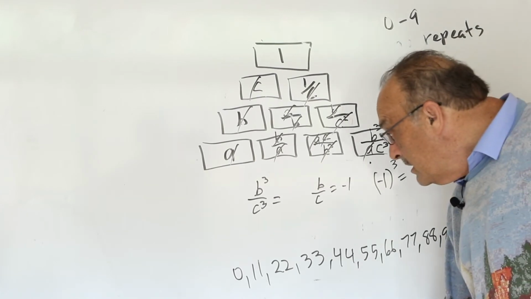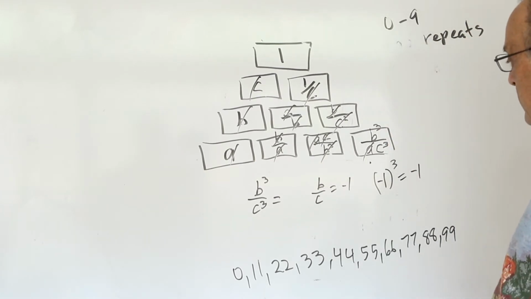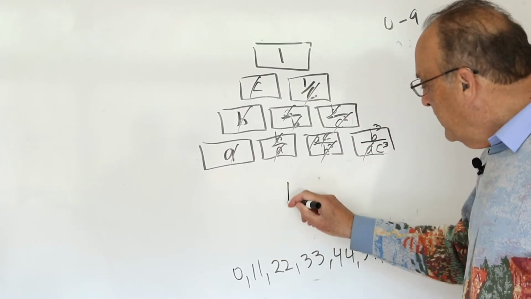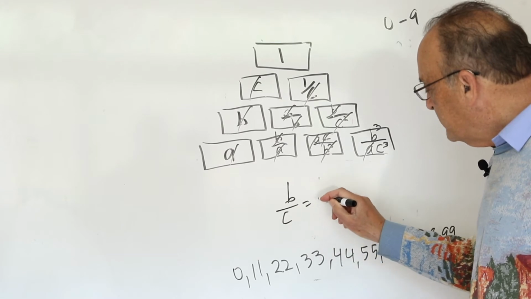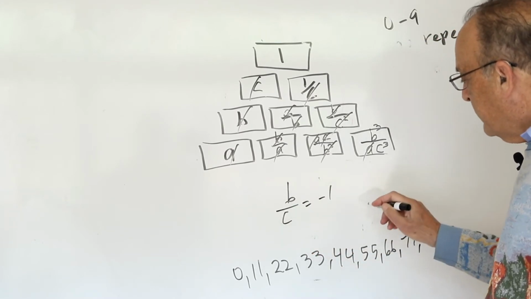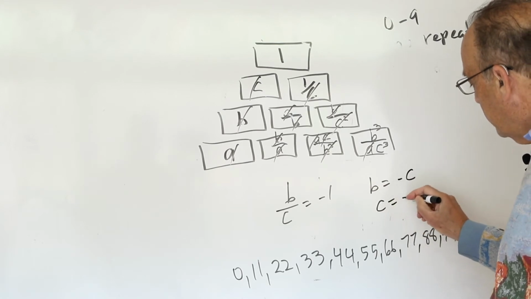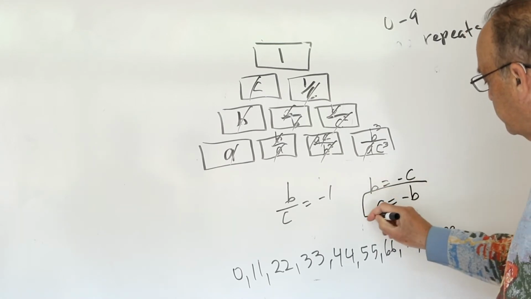So we can write this down as, again, B over C equals negative 1. So we can multiply through by C and get B equals negative C, or C equals negative B. And again, that's a big result.